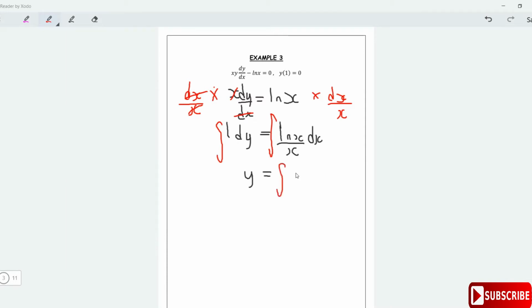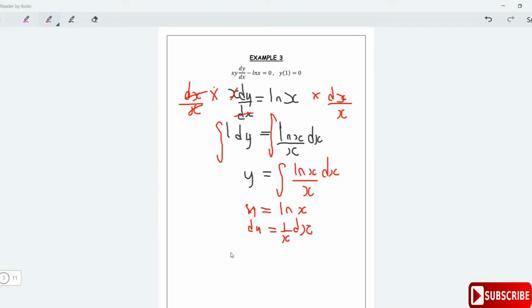If we call u ln x, then du would be equal to 1 over x dx.